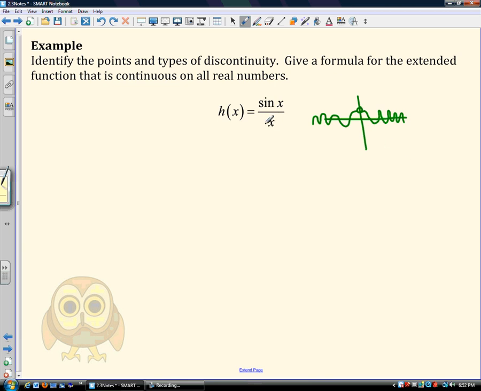And we obviously cannot plug in x equals 0 because we would be dividing by 0. So we have a hole right here. So again, it is removable, and we can fix it. Removable discontinuity at x equals 0.